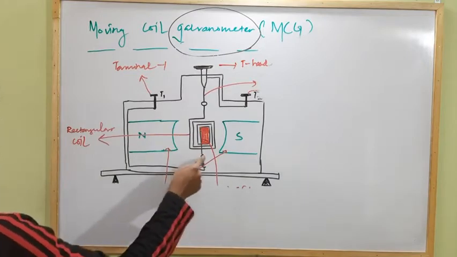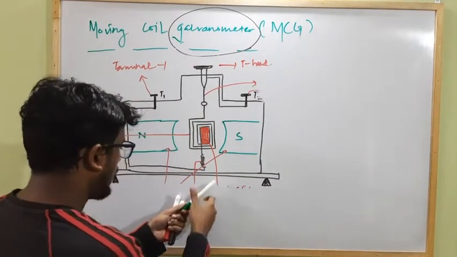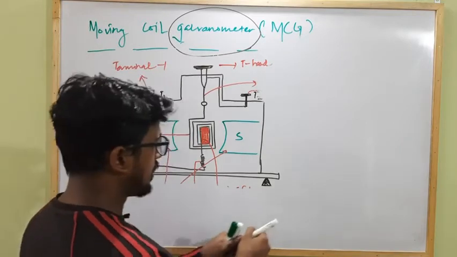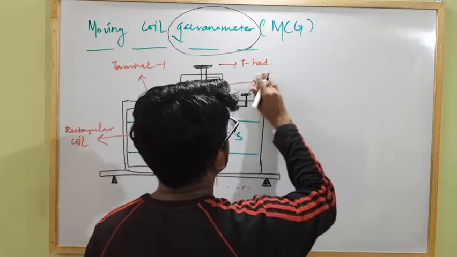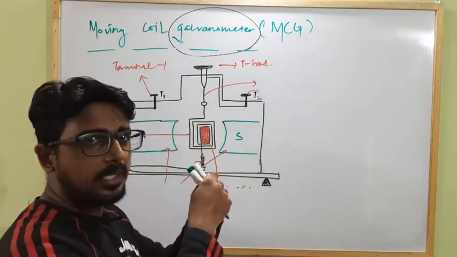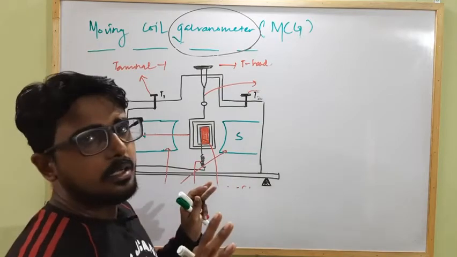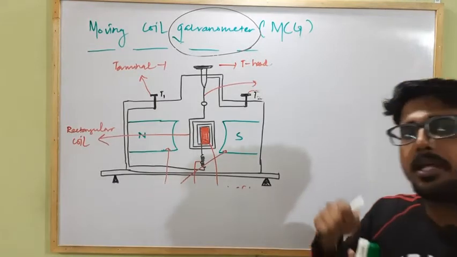And what about this spring, hair spring? So hair spring is a spiral spring. You generally find it inside the toys which are operated through keys. Once you tie the key and place it somewhere, it will operate, and after some time you have to again tie the key.